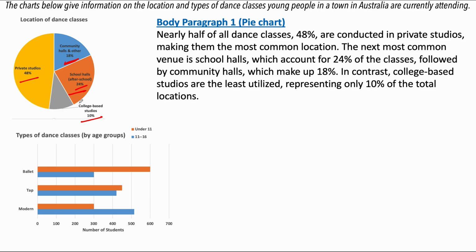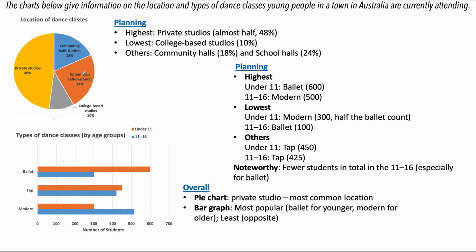Now we start with the next body paragraph, in which we'll write about the bar graph. We could write about the data in the bar graph by mentioning one dance form after another, or we could write it by mentioning one age group after another. I'll be writing about one age group first and then the second age group.